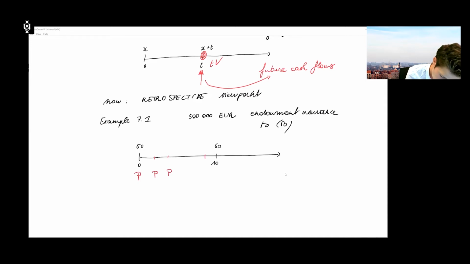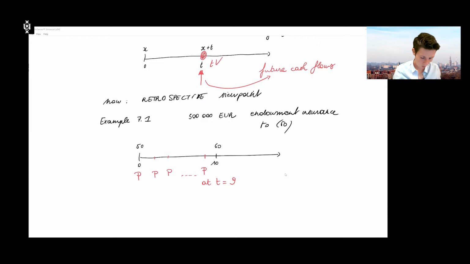The last premium to take into account is the premium P paid at t equals 9. I do not take the premium paid at time 10 into account because the convention is that we calculate the policy value at time 10 right before the premium payable at time 10 would be paid.